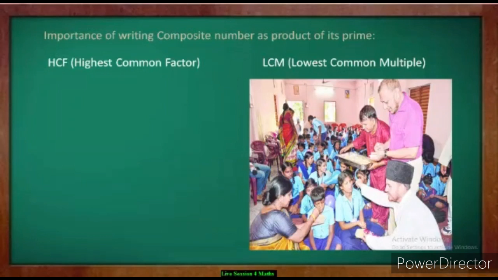The condition is that every student should get an equal number of sweets and an equal number of snacks. If you give 2 sweets and 2 snacks to one child, everyone should get the same. So you will purchase based on that.